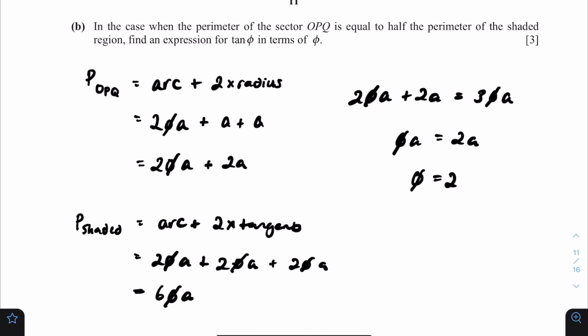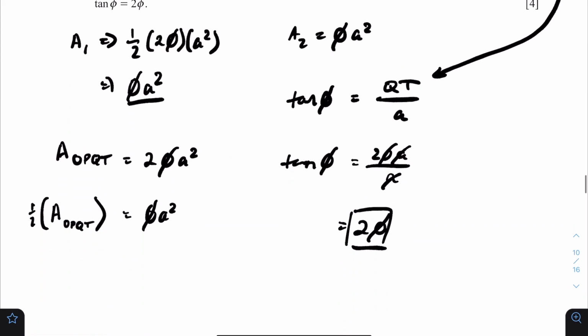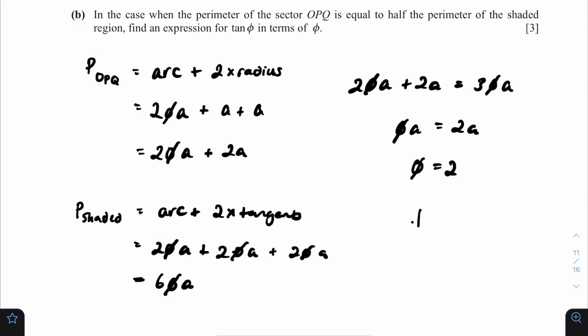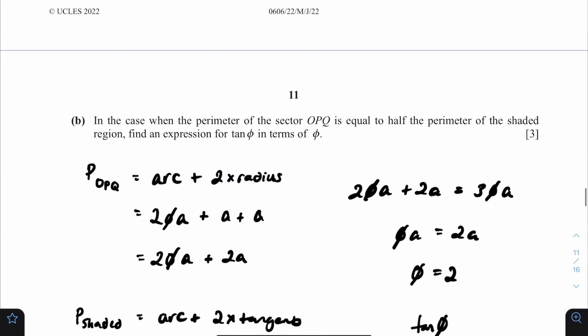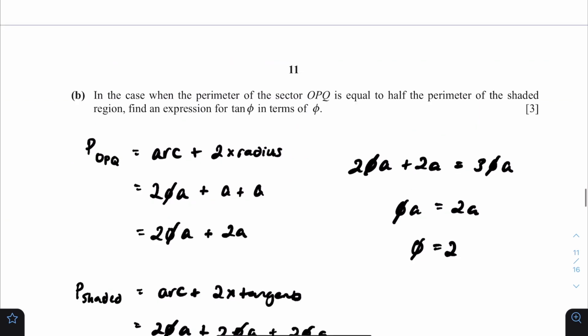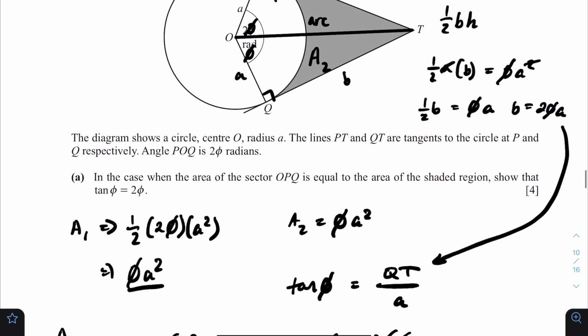They're asking us to find an expression for tan phi in terms of phi. Given that we were just told tan phi is 2 phi, we can say that tan phi, oh no, it's a different scenario, so we can't actually use that same thing.